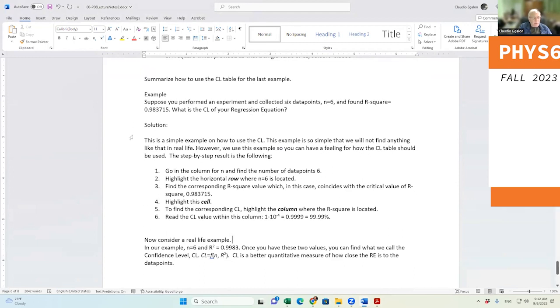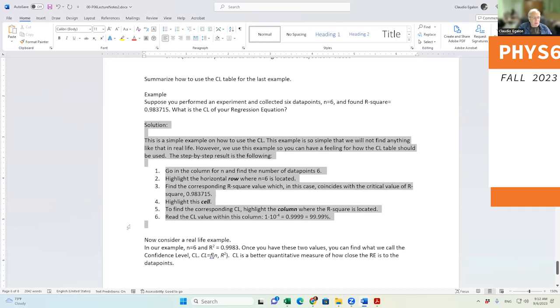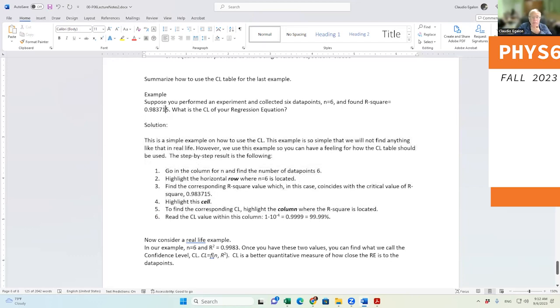This type of example, you rarely see in your experiment. I have seen data with an R square that coincided with the critical value only once in my whole life, and I've been teaching here since 2008, 2009.